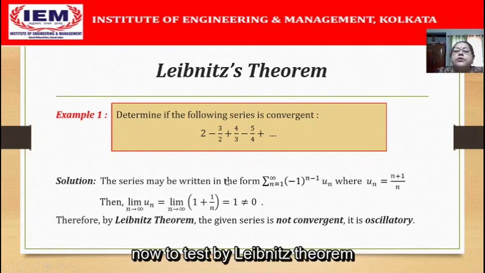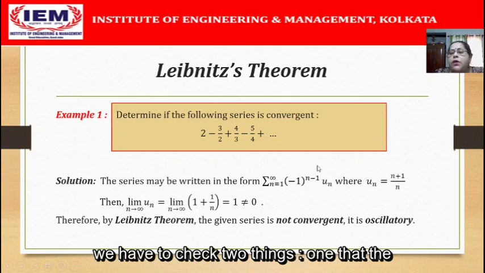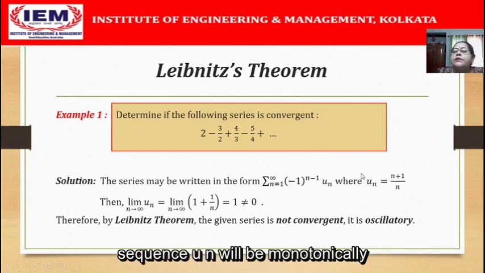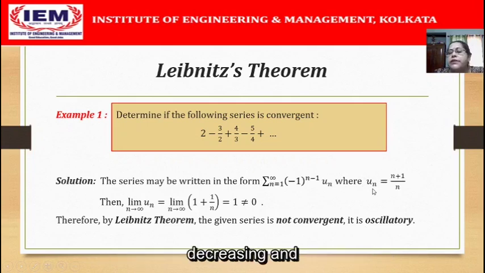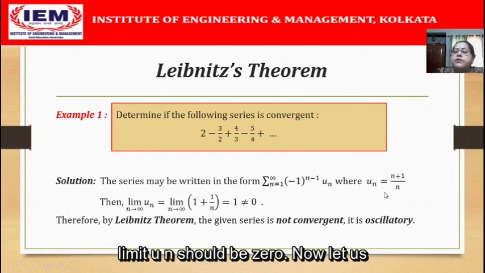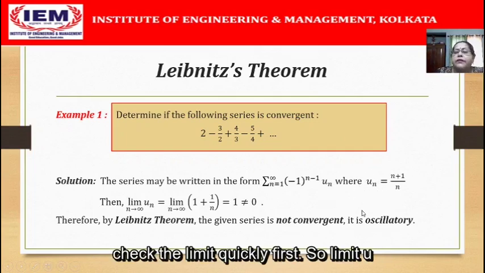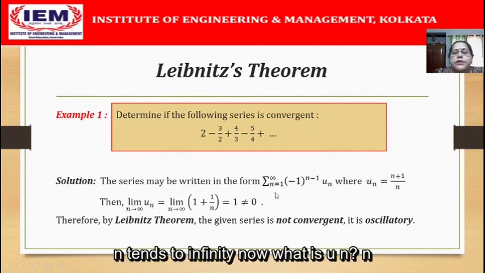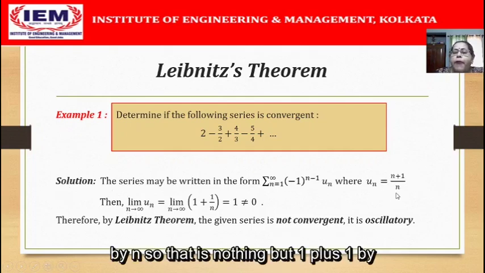Now to test by Leibnitz theorem, we have to check two things. One, that the sequence un is monotonically decreasing, and two, that limit un should be 0. Let us check the limit quickly first. So limit un as n tends to infinity. What is un? n plus 1 by n. So that is nothing but 1 plus 1 by n.